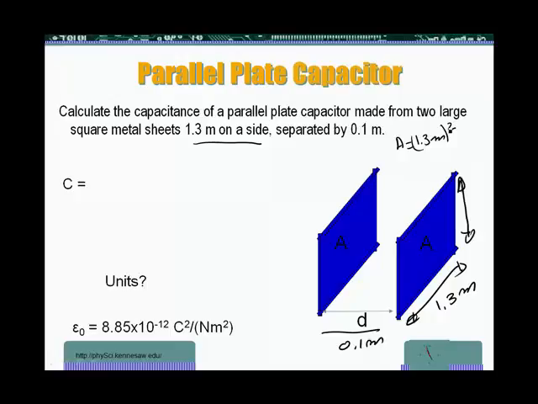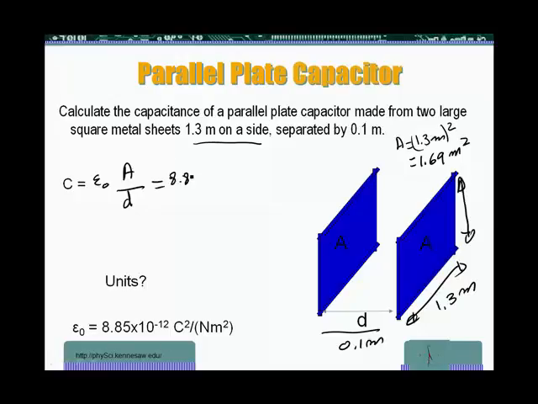Okay, I'll calculate that on the side. Which is 1.69 meters squared. Now, the capacitance is epsilon 0 A over D. So that's going to be epsilon 0, which is given to us here.